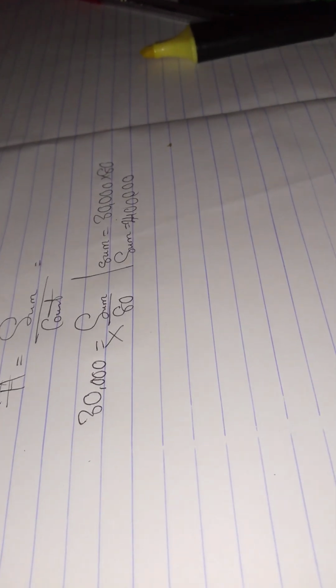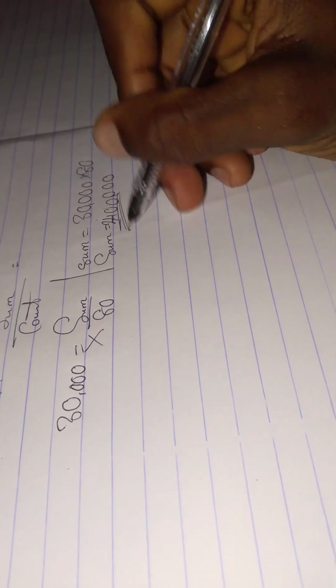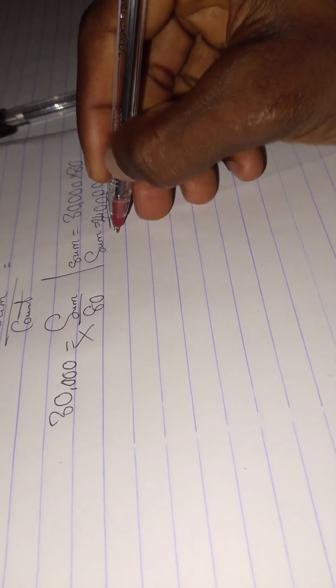Hope you get that point. So this is sum of everything, all the old computers, the prices of all the old computers. The old 80 computers, the prices of the old 80 computers.